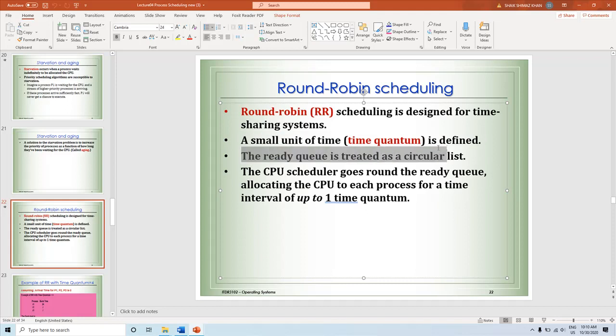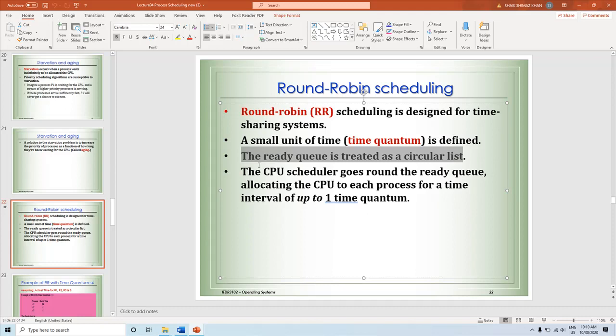In the round robin scheduling algorithm, the ready queue is treated as a circular list. So a process in the front of the queue would get the CPU first. The process which comes first to the ready queue would get the CPU first.